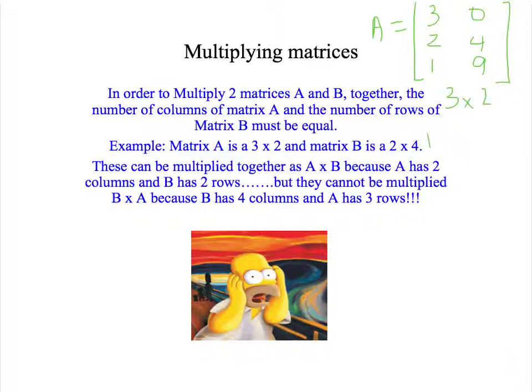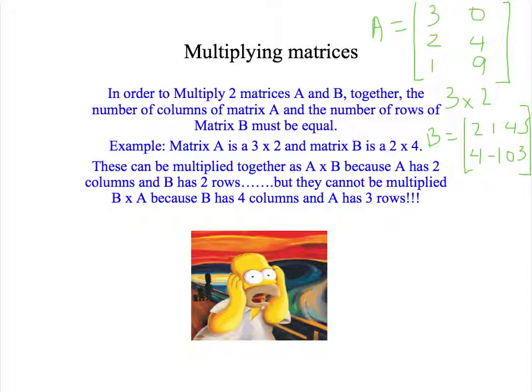And matrix B is a 2 by 4. So a 2 by 4, let's say it's 2, 1, 4, 5. That doesn't look like a 5 very much, but 4, negative 1, 0, 3.